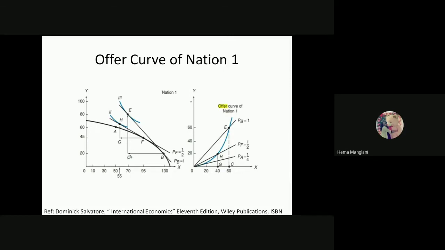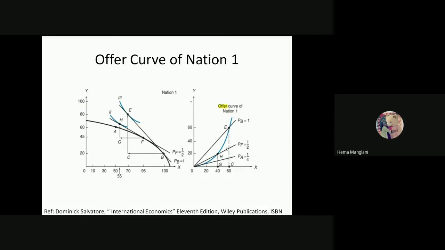So exchange should be favorable, or whatever Y you are exchanging with the X, that Y should be sufficient in amount. So that is the only meaning of PX by PY rising, because we are not assessing the whole thing in monetary terms. So from this terms of trade line, you are reaching from H to E point.